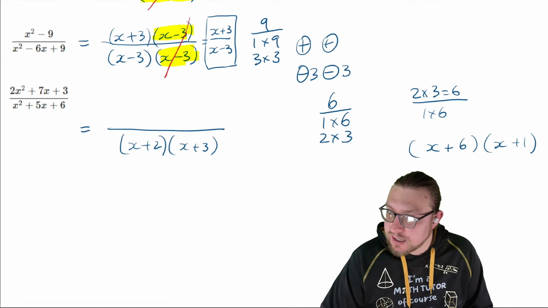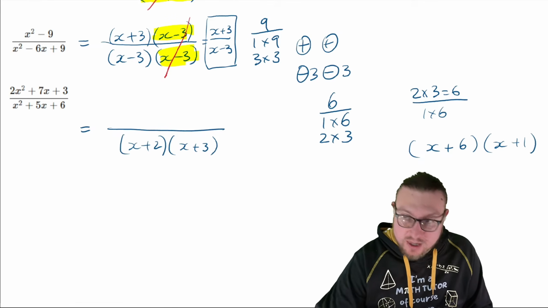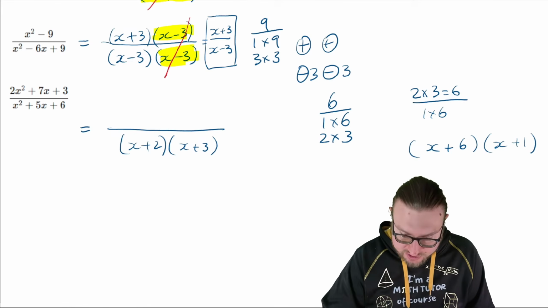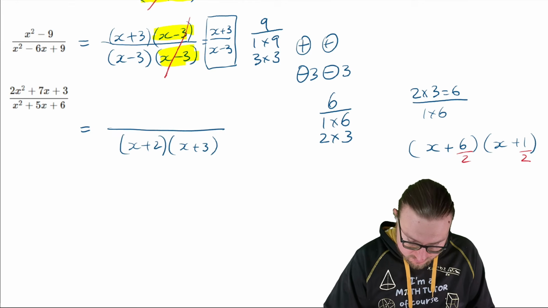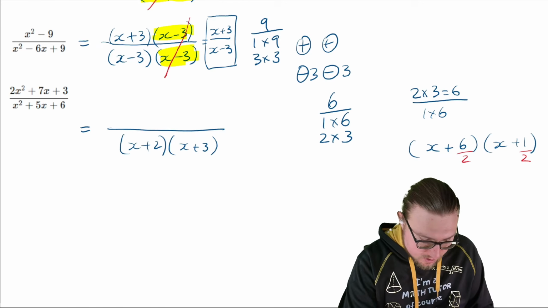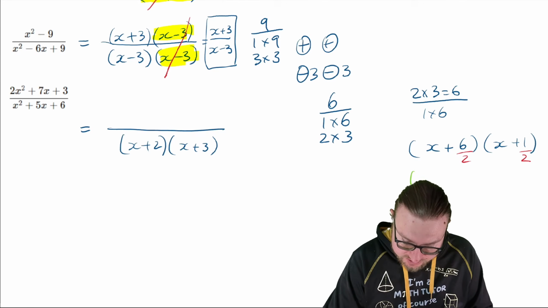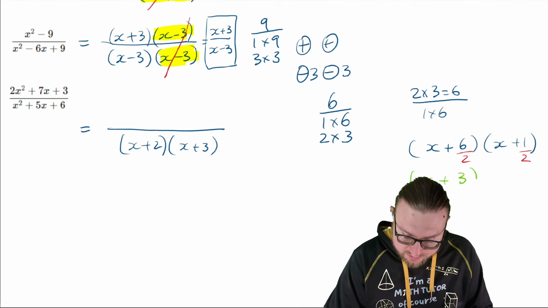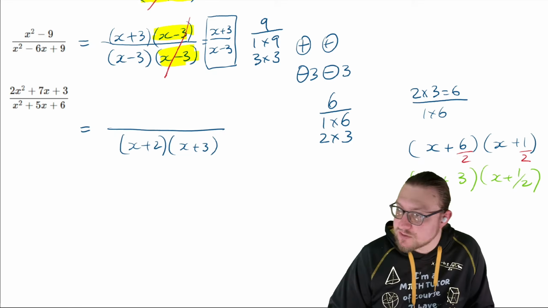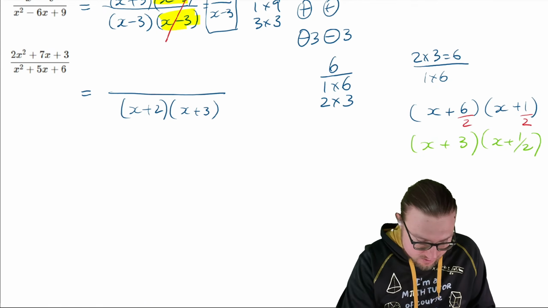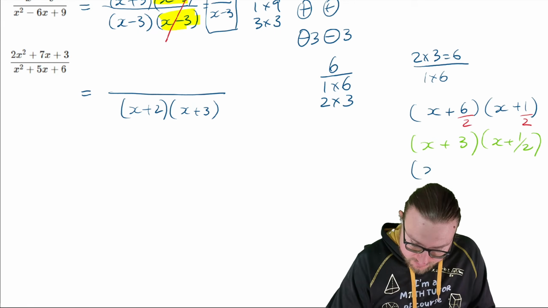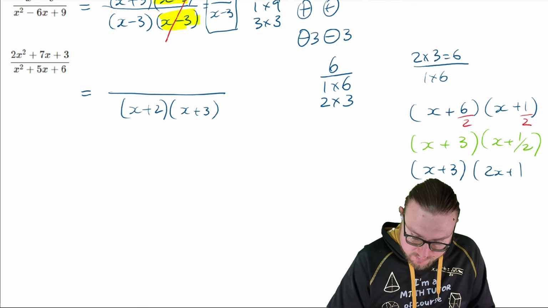Okay, and what is the step that we need to do? Well, it has a number in front of the x squared term, so we're going to divide both of those by 2. Simplify those, which then gives us x plus 3 and x plus 1 over 2. And moving those in front for the final answer, we're going to get x plus 3 and 2x plus 1.